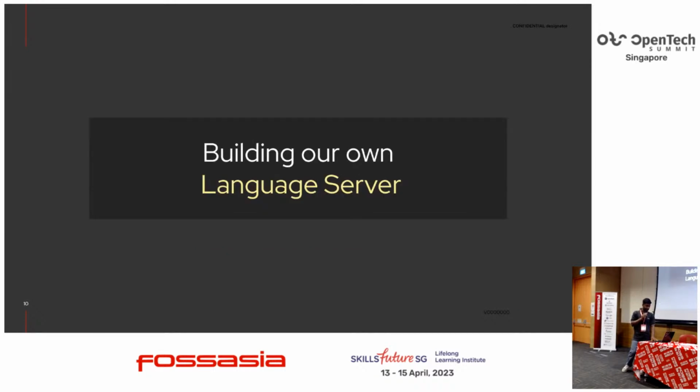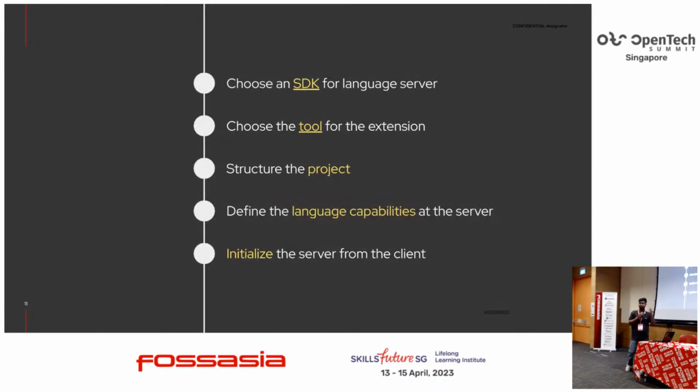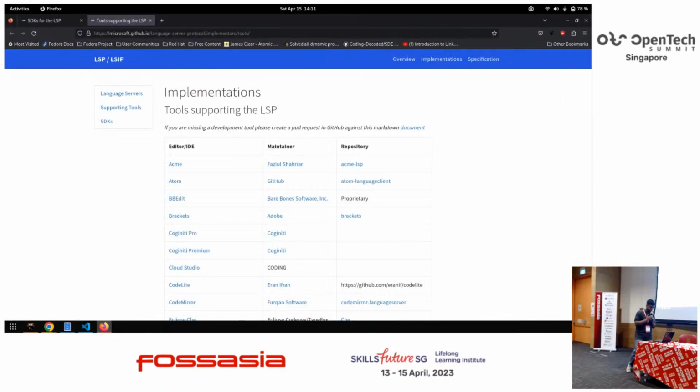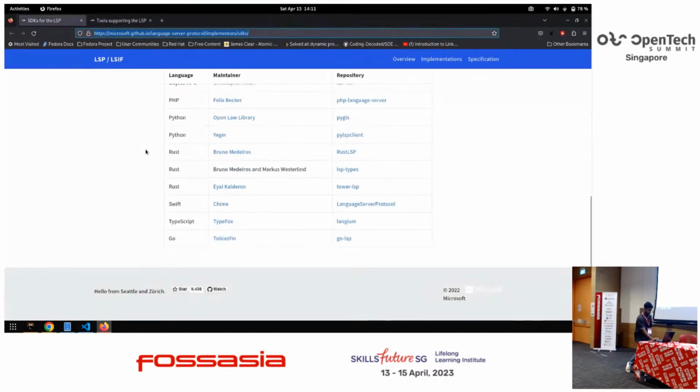Let's quickly see how you can build your language server. First of all, choose an SDK. You don't need to rely on the internal workings, how you send or receive a notification. You don't need to know that. Just pick an SDK, and there's a huge set of SDKs available, so you can choose one based on your programming language.